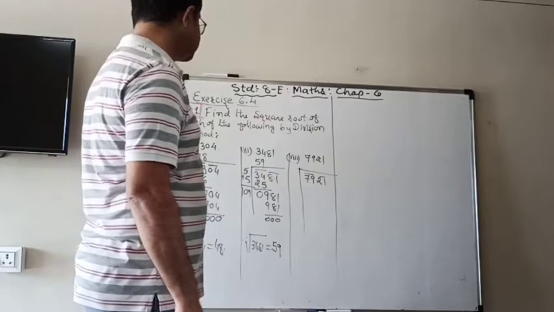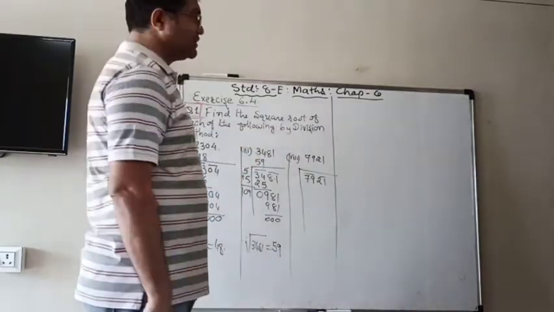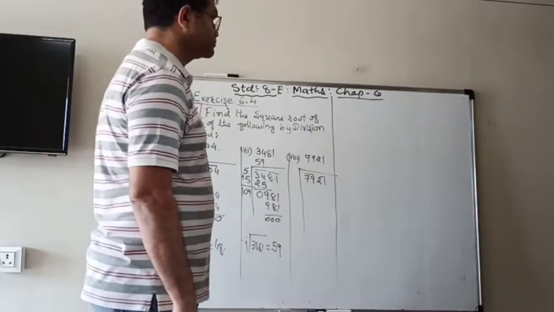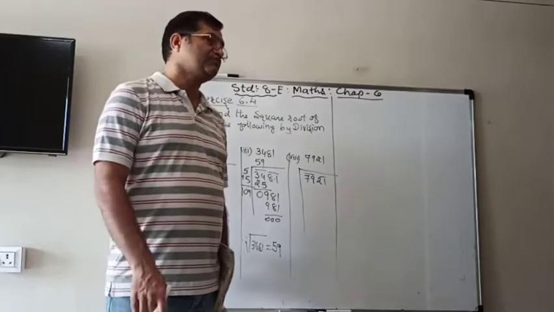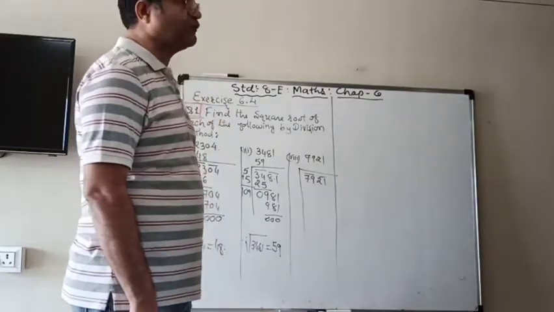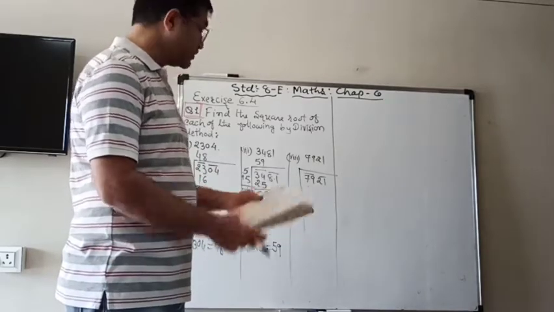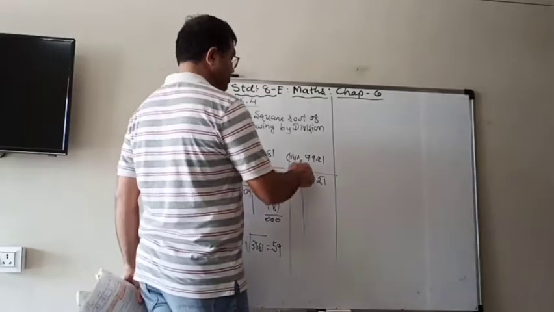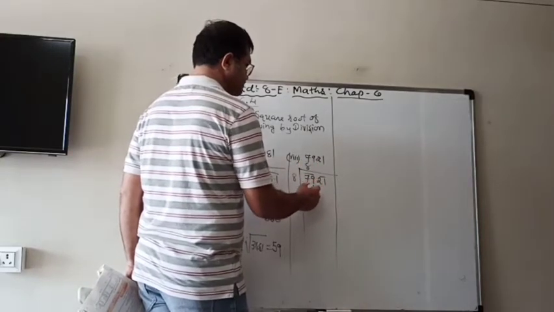Now 79. Then we go 6 6s, 7 7s and so on. 6 6s are 36, 7 7s are 49, 8 8s are 64. But 9 9s will be 81. So 9 9s cannot be here. So 8 8s are 64.